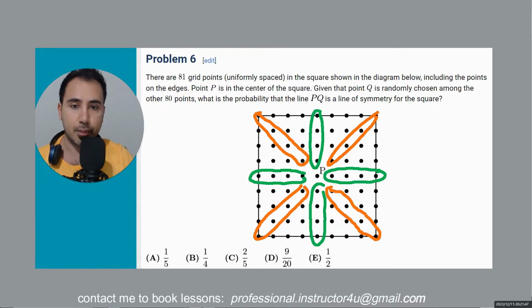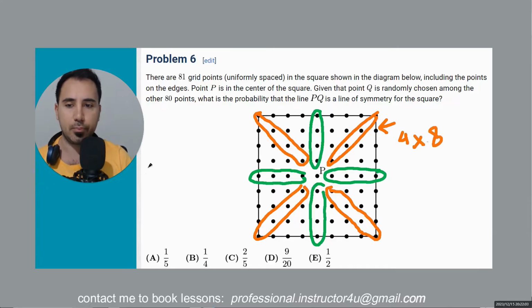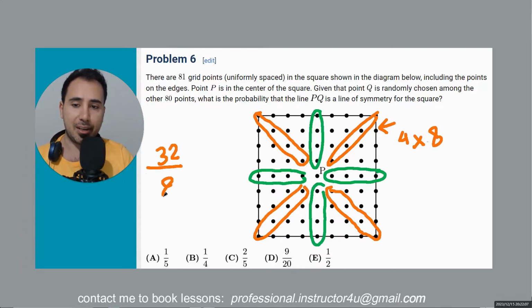First, let's count. Each of these shapes is 4, and we have 8 of them. 1, 2, 3, 4, 5, up to 8. So we have 32 points. So I'm going to write 32. Is it going to be 32 over 80 or 81?